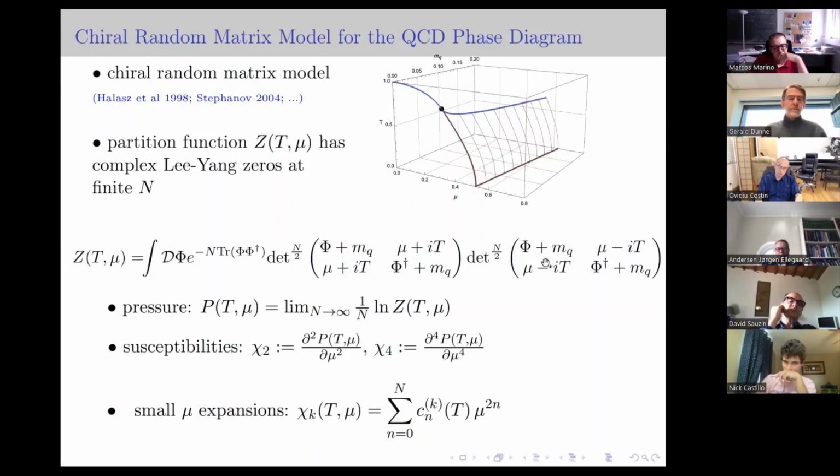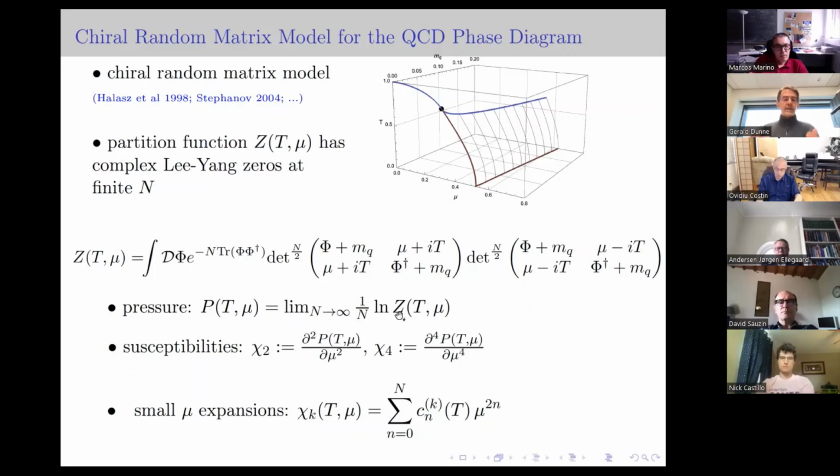Okay, so that's the physics background. Now we can make things a little more precise mathematically. Here's a partition function in terms of n by n random matrices, so you're integrating over these n by n complex matrices. In principle, we're interested in the large n limit, and the pressure is basically the log of this partition function normalized by 1 over n.